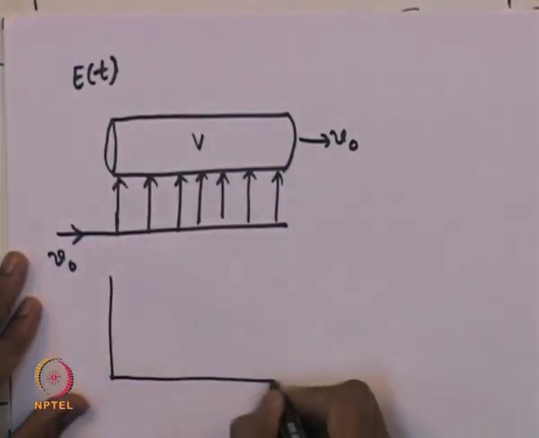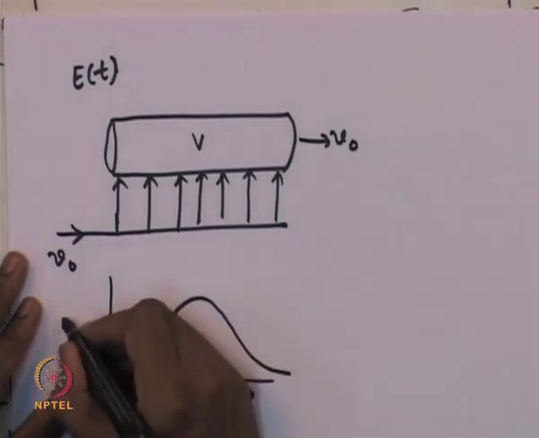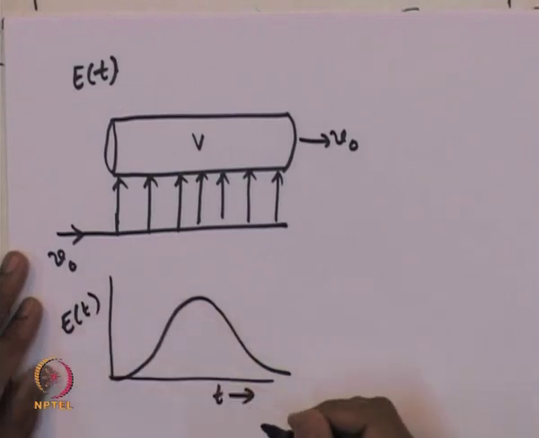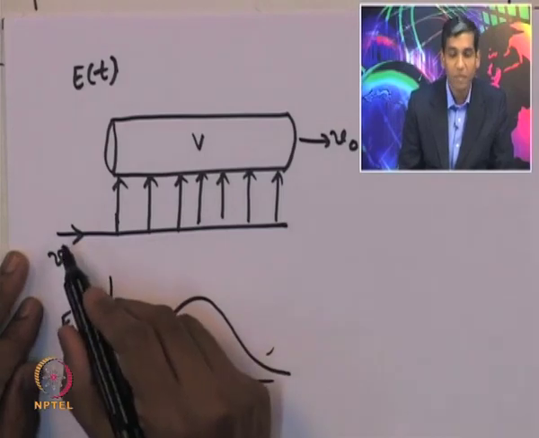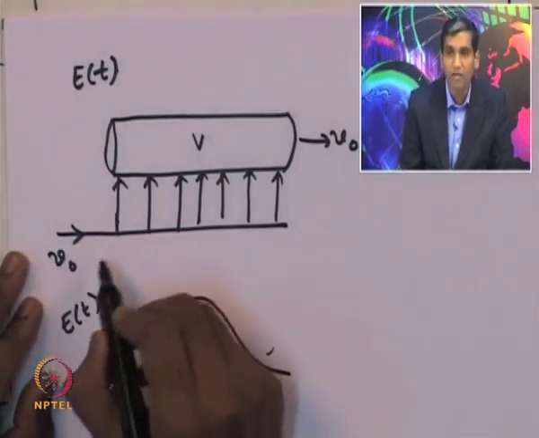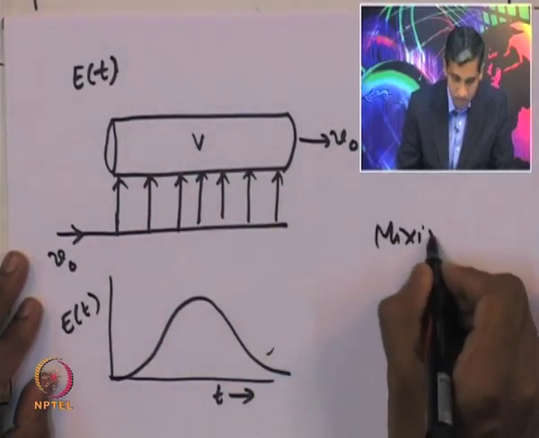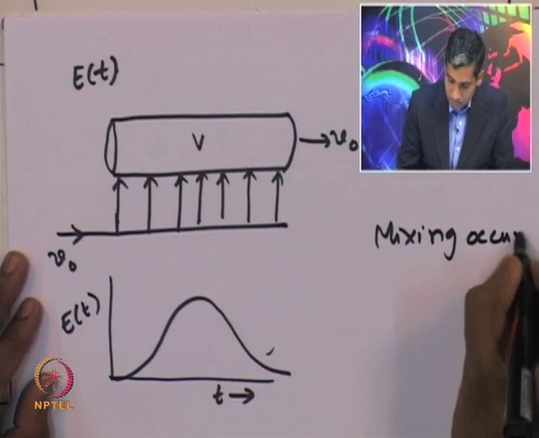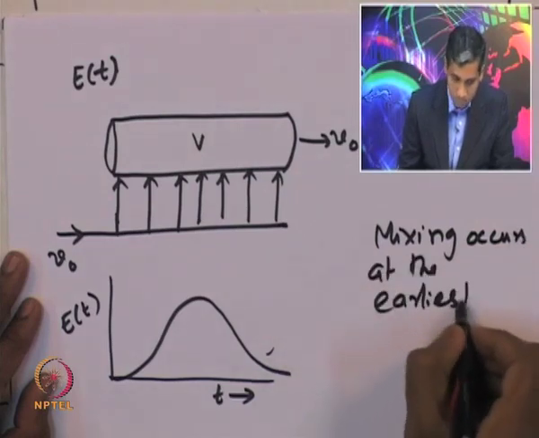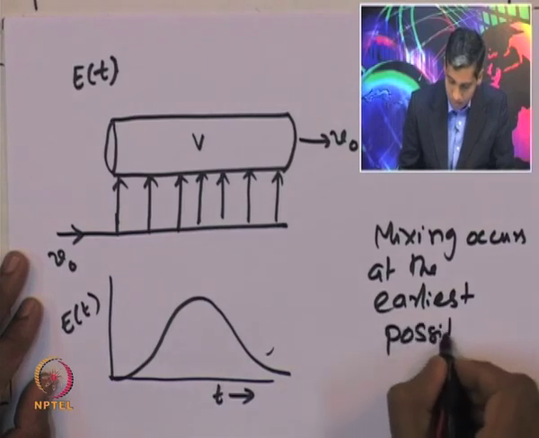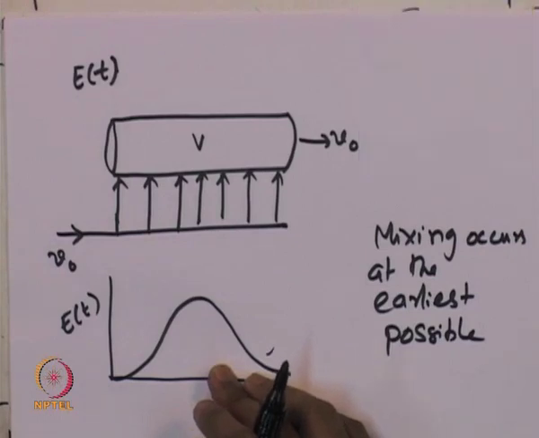The residence time distribution function could be something like this, where the side entrance is according to this distribution function. This suggests that the mixing occurs as early as possible, and then they go into the reactor. So, mixing at the earliest possible, which corresponds to the maximum mixedness situation in the reactor.